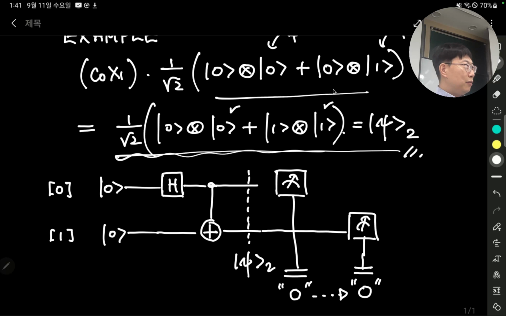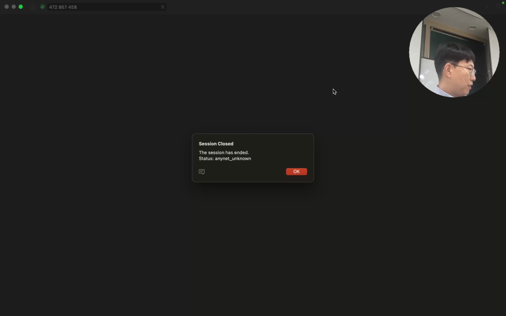So you can imagine that information is transported from one qubit to another faster than light. It's not even faster than light, it's immediate transmission of the information. That really contradicts special relativity, right?